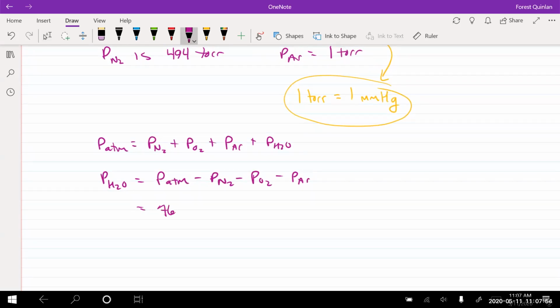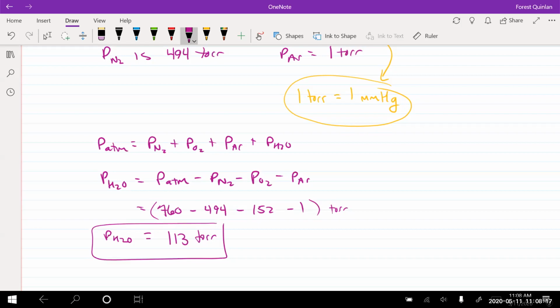So it'd be 760 minus 494 minus 152 minus 1, and these are all torr. If you get that, I think it's 113 torr. Pretty humid day. That's as hard as it gets, guys. That's as hard as that gets.